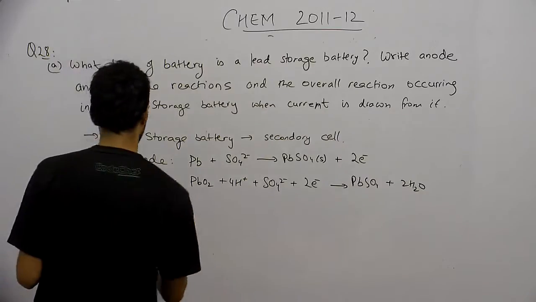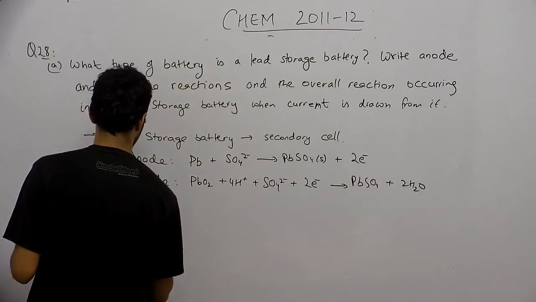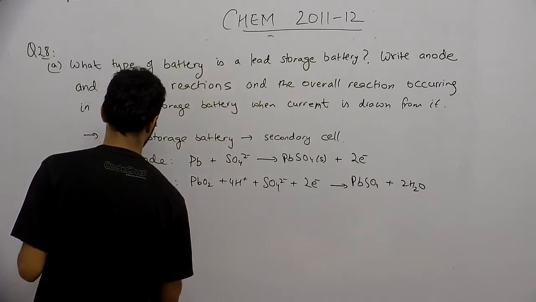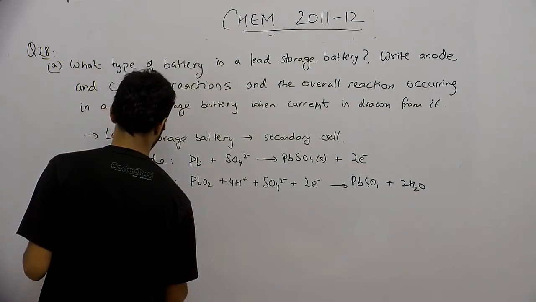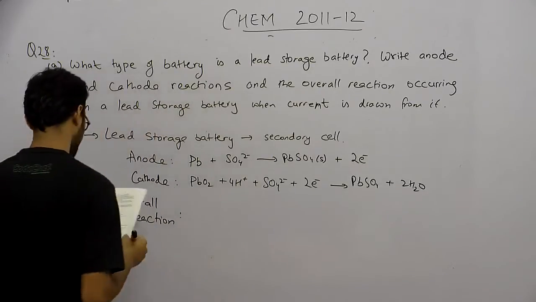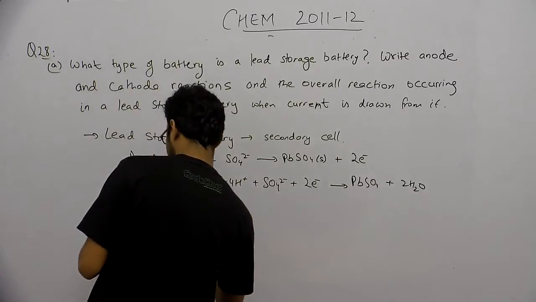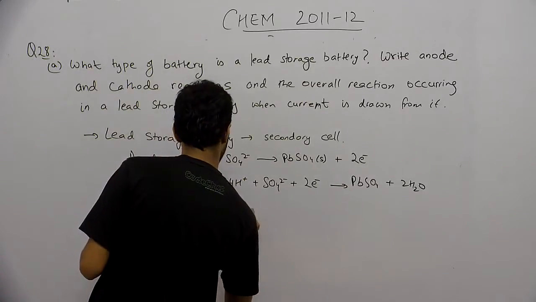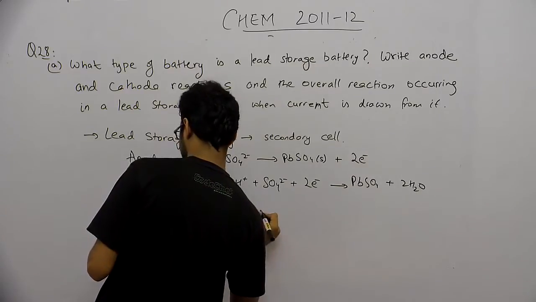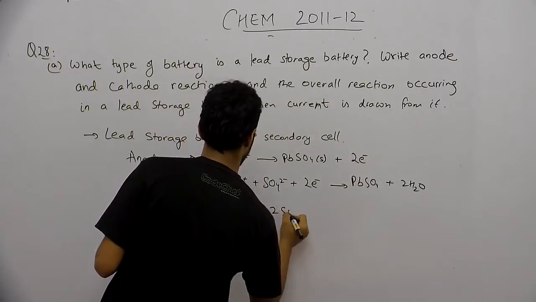So the overall reaction of the cell is lead plus lead oxide plus sulfate.